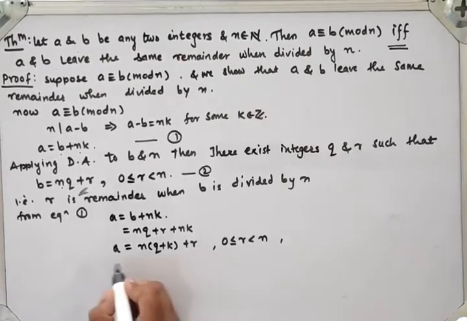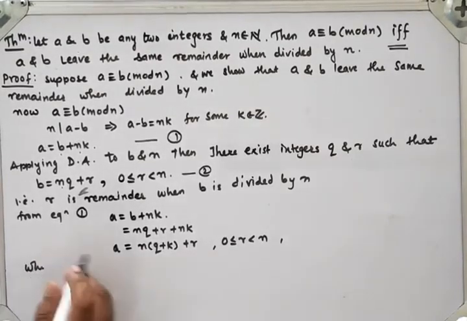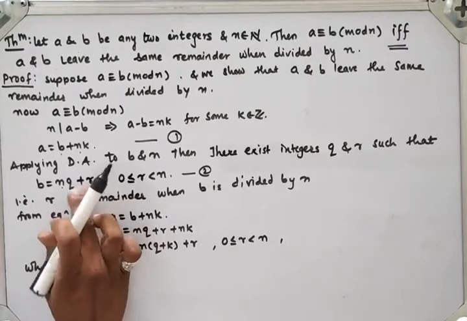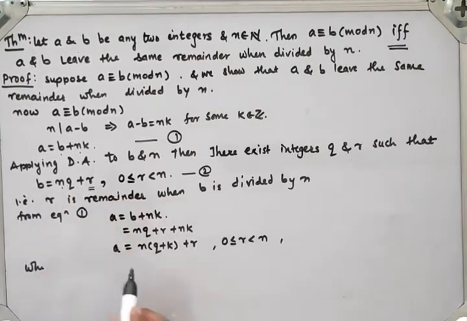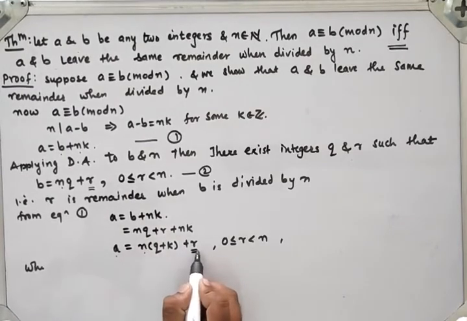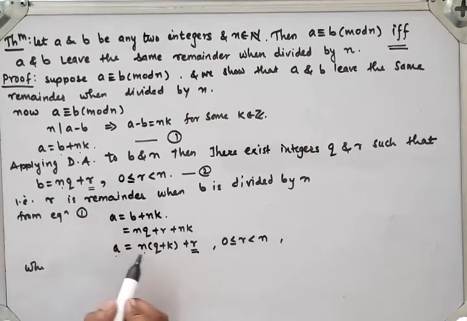This shows that when b is divided by n we get remainder r, and when a is divided by n we again get remainder r. We get the same remainder when a and b are divided by n, right?